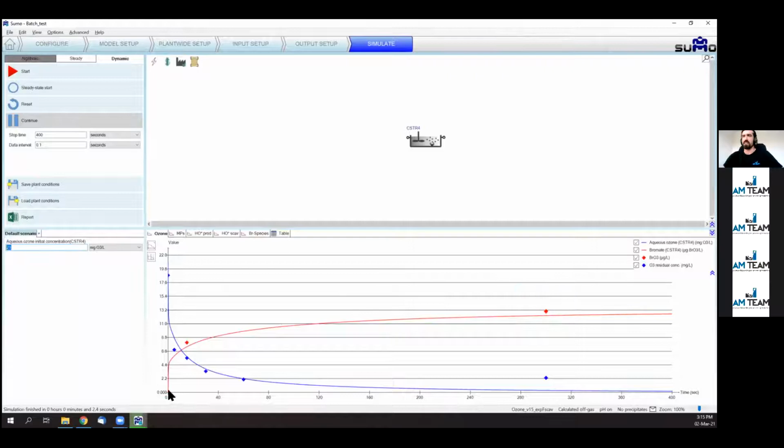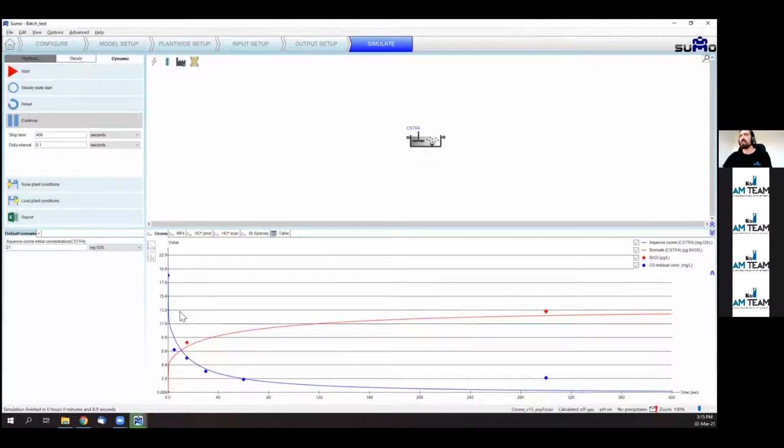So it starts at 0, and then it builds up little by little, very suddenly, and it ends up at an end concentration of 13 micrograms per liter. So if we run this, you can also see it run live. It is a very high resolution simulation. It's 0.1 seconds of data interval for a bit more than 5 minutes.